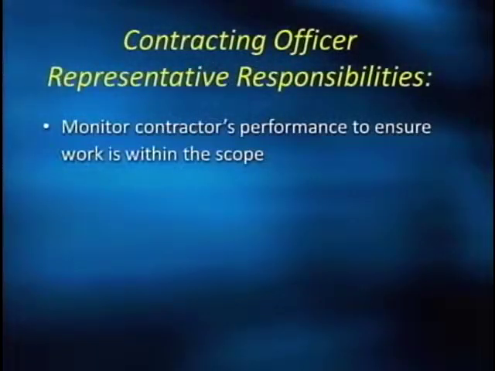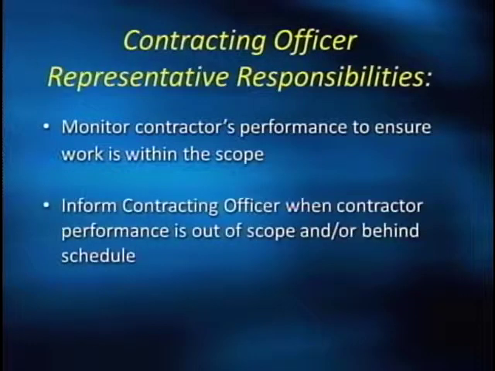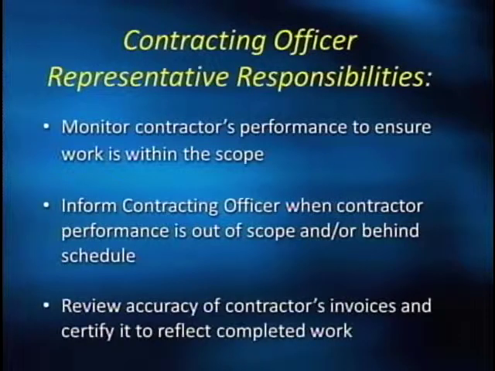By delegation of authority, the contracting officer's representative has specific responsibilities that include monitoring the contractor's performance to ensure the work that we've asked the contractor to do is being done, informing the contracting officer when the contractor's performance is outside of the scope, and reviewing the accuracy of the contractor's invoices and certifying to reflect a complete payment.